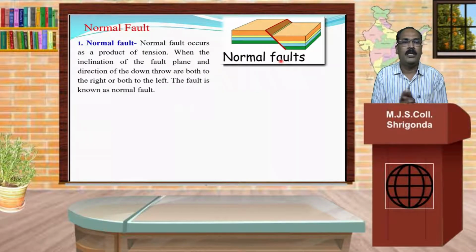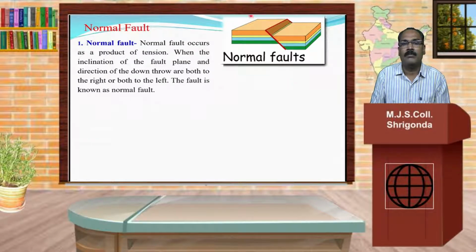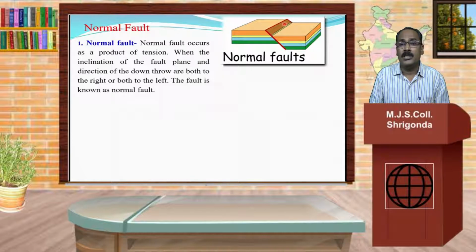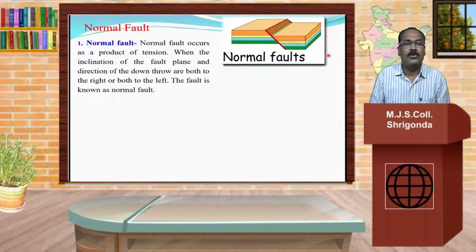With tension, the inclination of the fault plane, here the fault plane, and the direction of the downthrow, this block is downthrown, are both to the right and both to the left. One part goes right and one part goes left; the directions diverge.